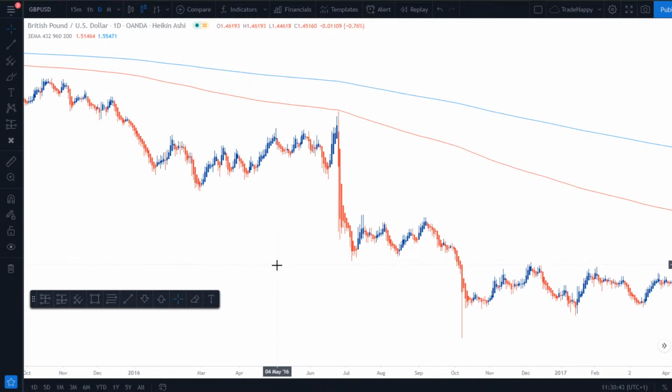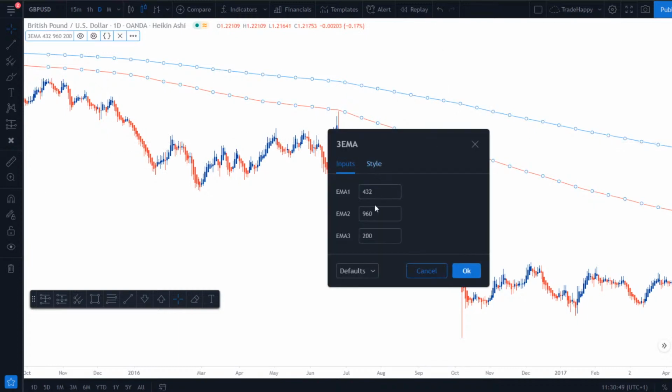Well, it's a pretty simple strategy where we're going to be using these two EMAs, 432 and 960.